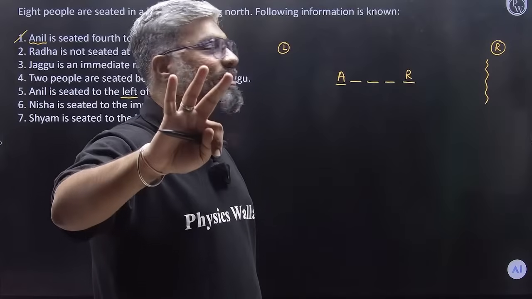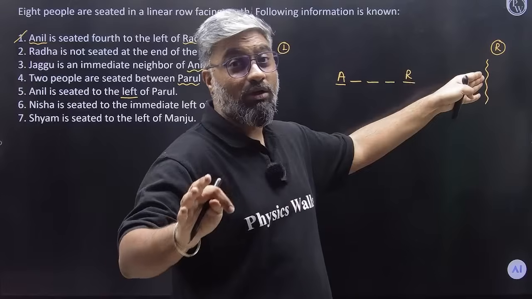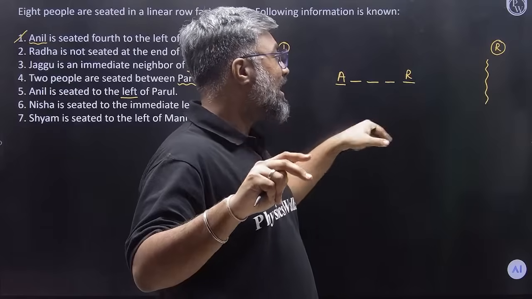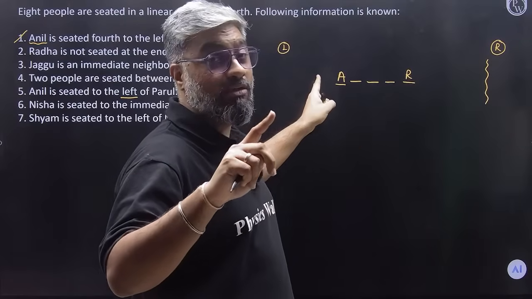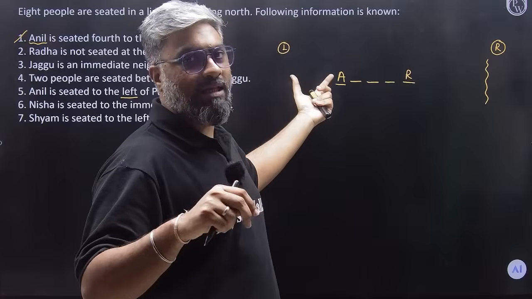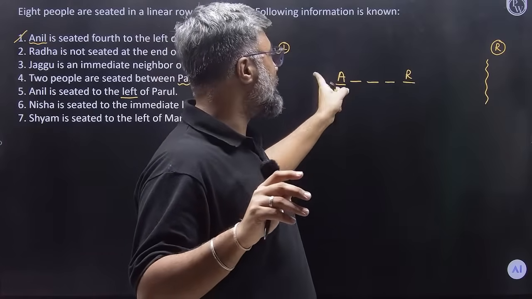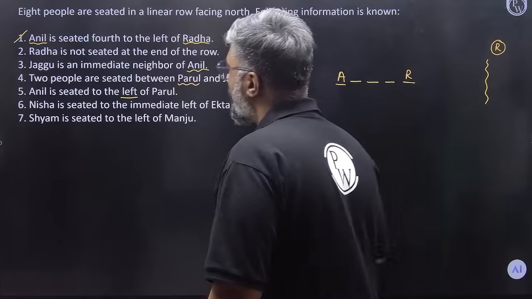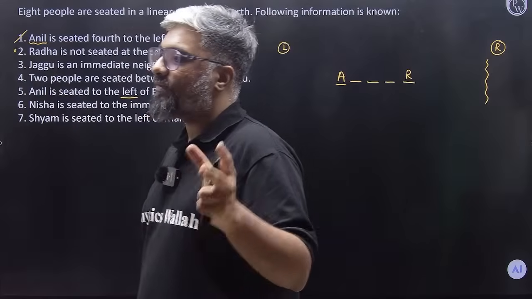I need 3 more seats. I can have all the 3 here possible. Or I can have 2 seats here and 1 this side possible. I can have 1 here and 2 here possible. But this can't be 0, this can't be 3. That's for sure, because then Radha will be at the end of it. We can't let that happen. Okay, we'll put this on hold. We'll verify this when the time comes.